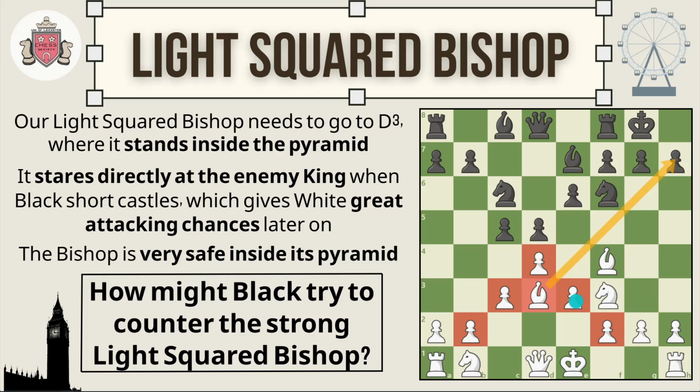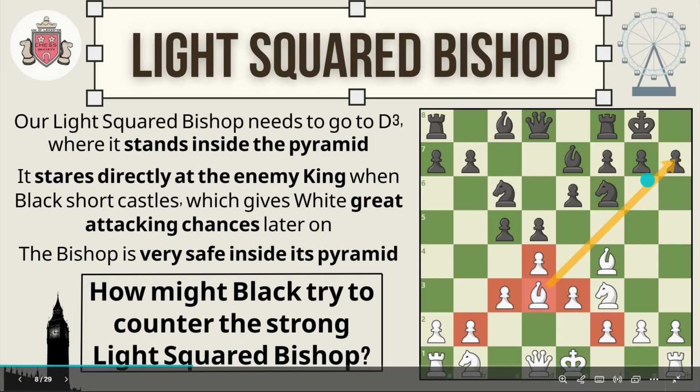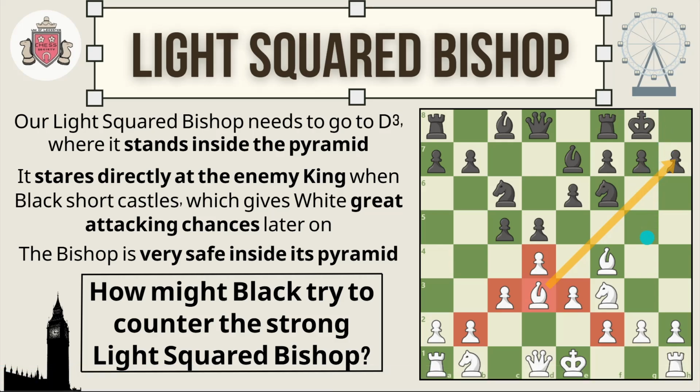If you can see my cursor, this bishop is basically staring at the enemy king. Later in the game, you're going to maneuver all your pieces towards the enemy king, and that bishop is the one that started it all. It gives our attack the momentum.